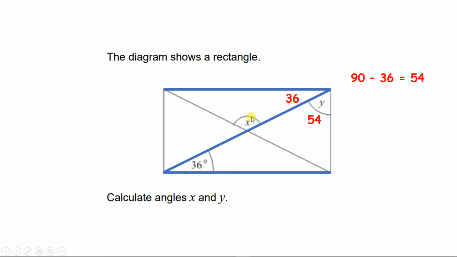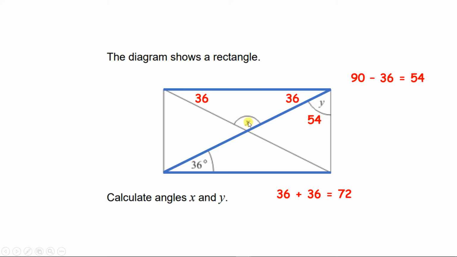Now finding angle X is a bit more difficult, but if we remember, if this is 36 degrees, then this angle here will be 36 degrees as well, because they're joining the opposite points of a rectangle. And so 36 plus 36, we've got 72 degrees in our triangle.